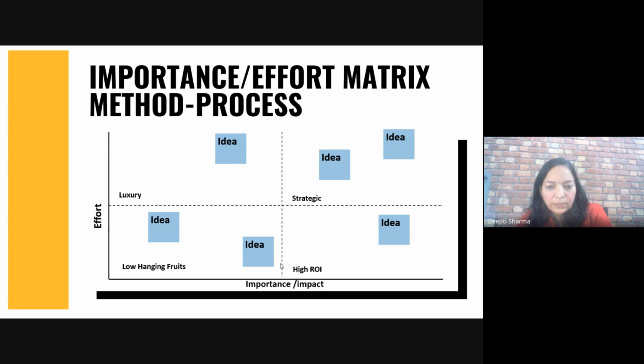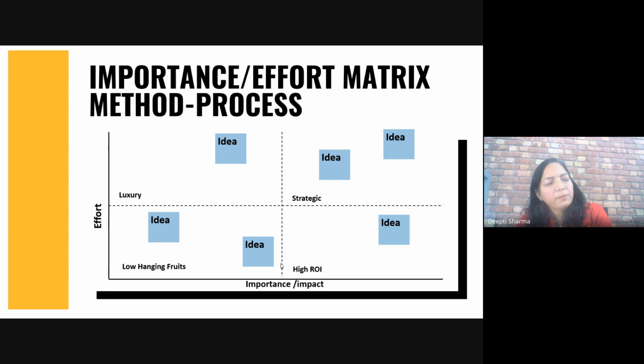So we can see from this point of view, we have collected various ideas and we have divided these ideas into these 4 quadrants. Now, in the first area where efforts are less and impact and importance are also less, these are low hanging fruit, easily achievable ideas, but we are not putting effort into it.